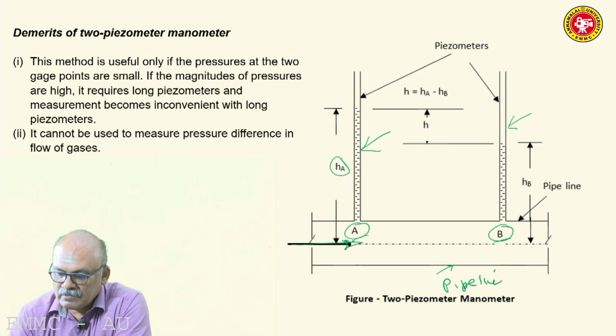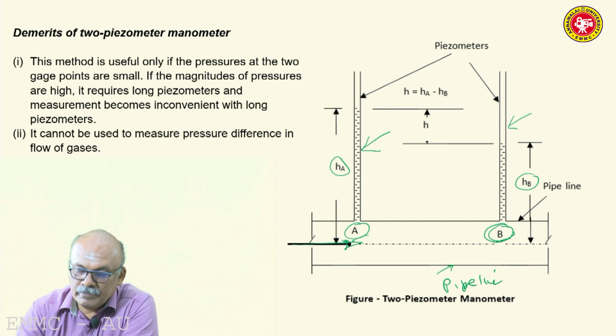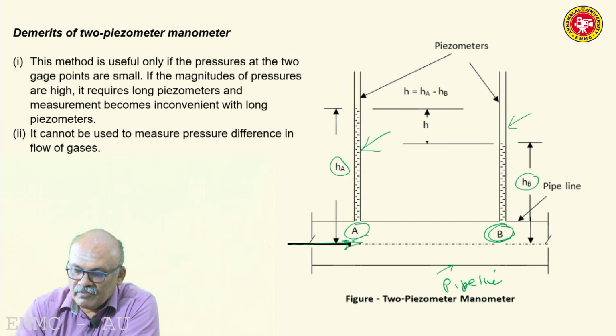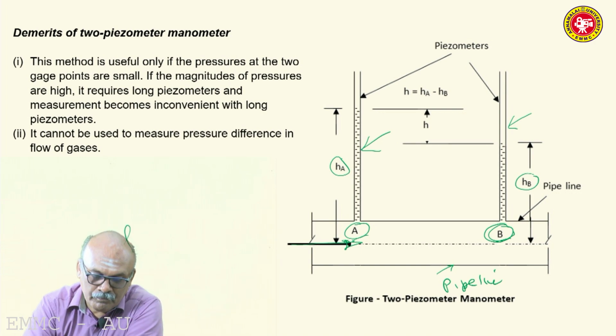Similarly, because of the liquid pressure at B, the liquid rises in the piezometer connected to point B to a height HB. HB will always be less than HA because the flow direction is from A to B. The difference in levels of the free surfaces in the two piezometers, that is H, is equal to HA minus HB.